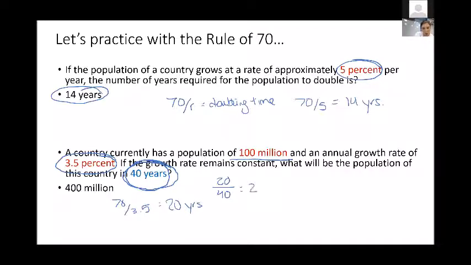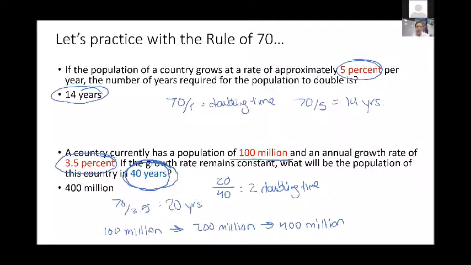That gives me 2 times that the population will double. So I know the starting point here is 100 million. So in the first doubling, it goes from 100 million to 200 million. And then in the second doubling, it goes from 200 million to 400 million. Seemed like a very complicated problem, but once you apply the rule of 70, they're usually pretty straightforward.